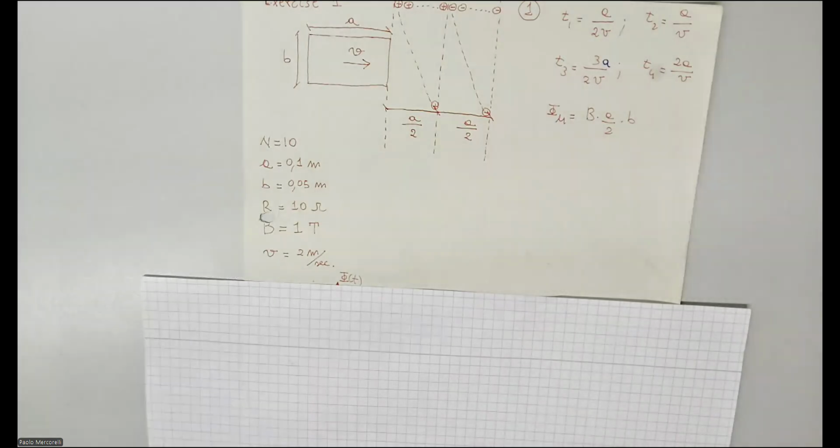Here is really something extremely artificial, just to have a little bit of confidence with the concepts of Lenz, Lorentz, and so on. Because if I have a coil, if I have windings, we have inductance L. Here it seems that inductance L is zero.